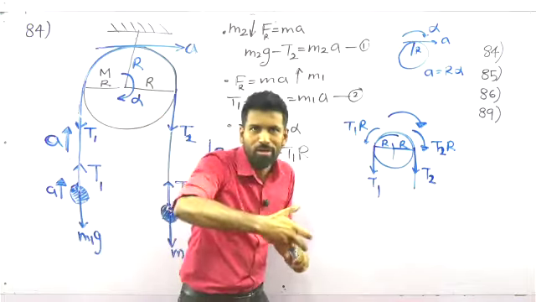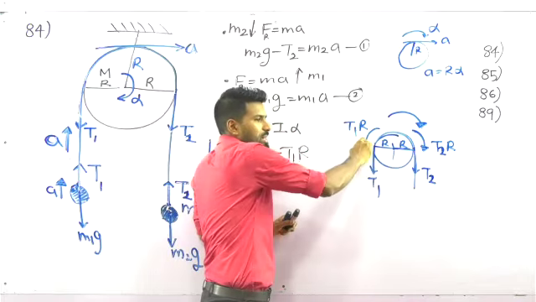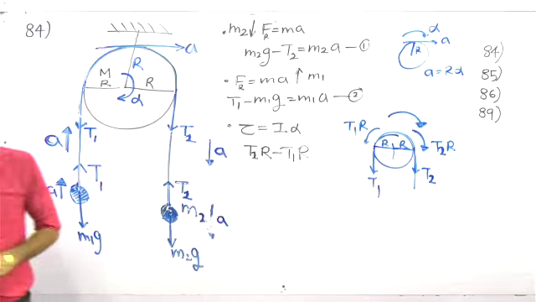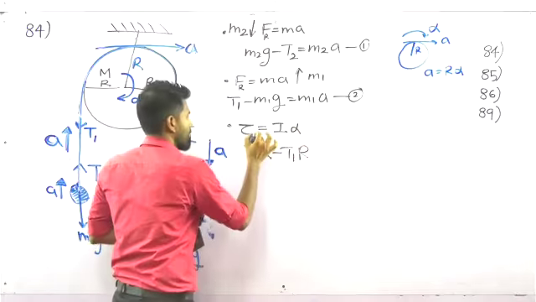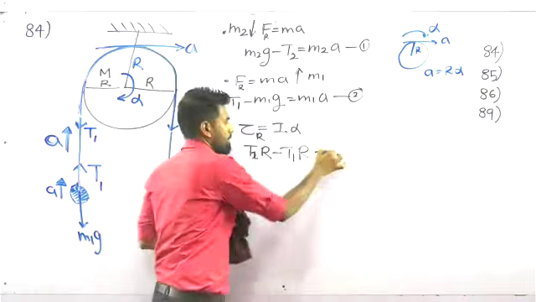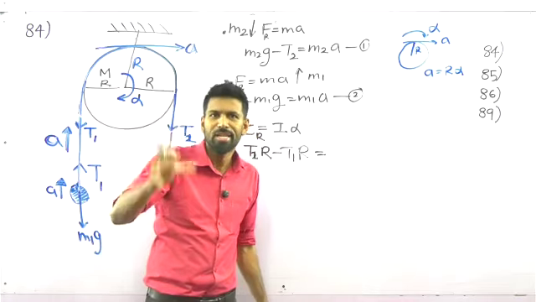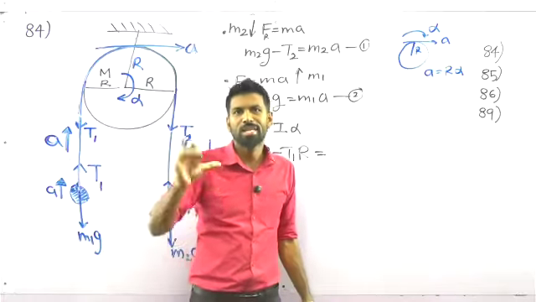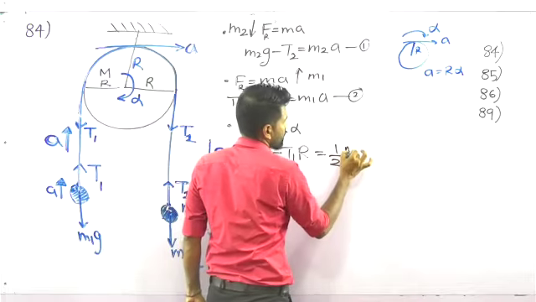The resultant moment is T2 times R minus the other side, T1R. Then the resultant moment equals I alpha. It's a pulley, and if not especially mentioned, a pulley is taken as a disk. For a disk, the moment of inertia is half mr square.